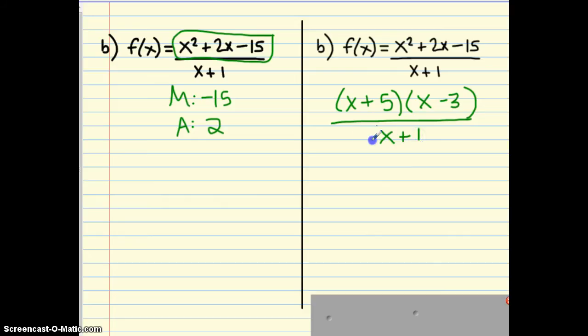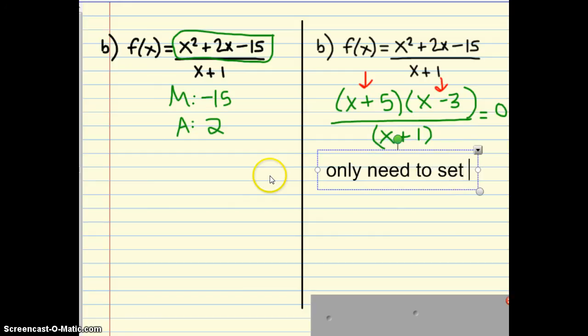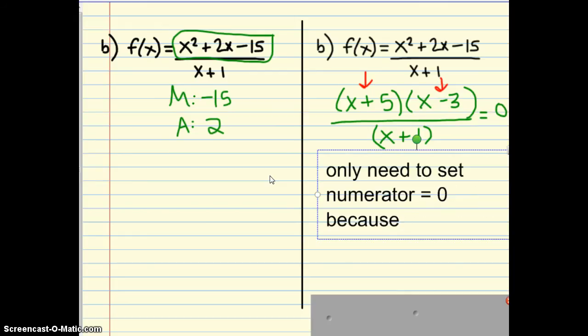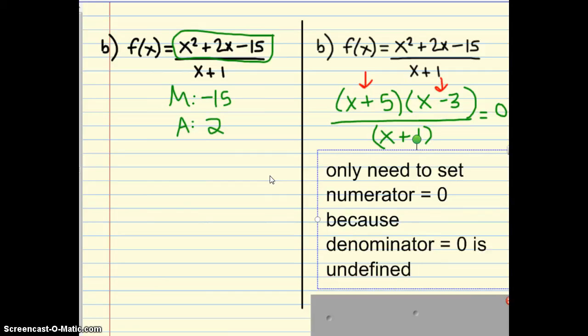So in this case, there's nothing that simplifies, which is kind of a bummer. But we're just going to take each piece and set it equal to 0. We only need to set the numerator equal to 0 because our denominator equaling 0 is undefined.